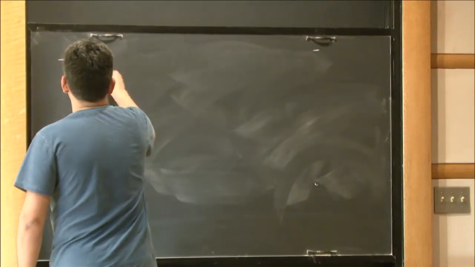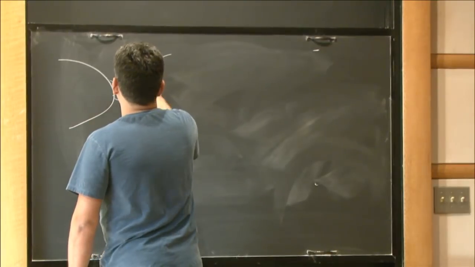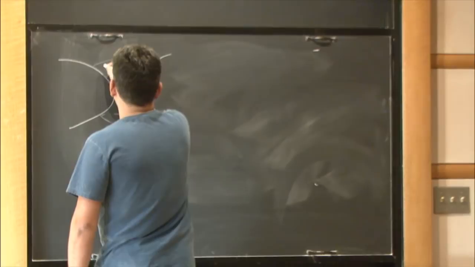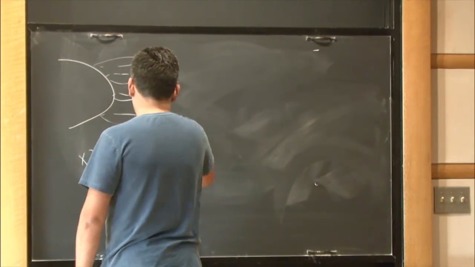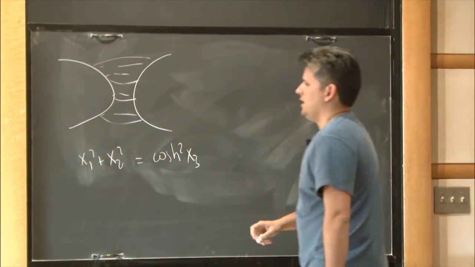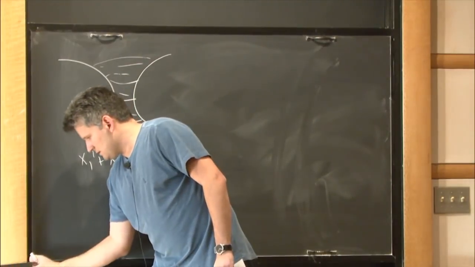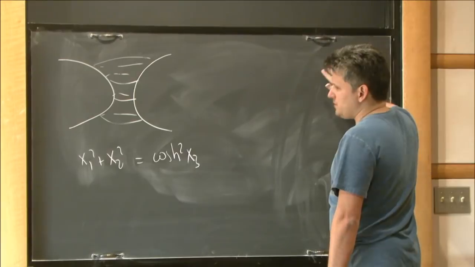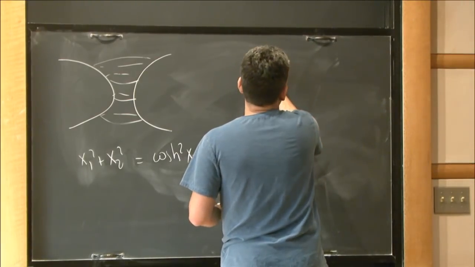So the catenoid is just the minimal surface of rotation, x1 squared plus x2 squared equal to cosh squared of x3. And Enneper is a little harder to draw. I'm going to try to draw it just before it starts to self-intersect. So it sort of looks like this.